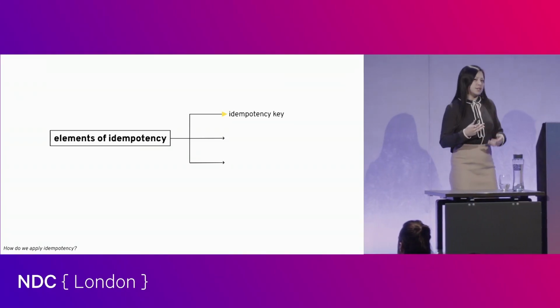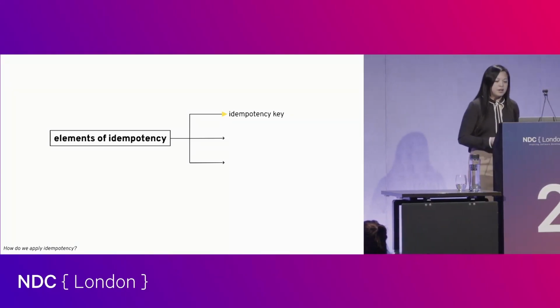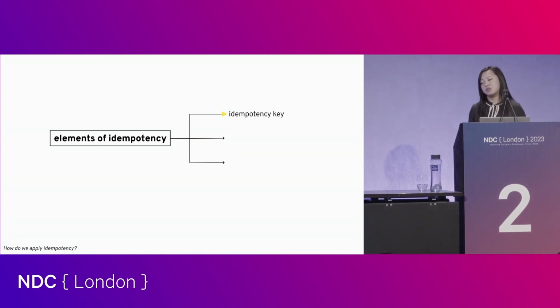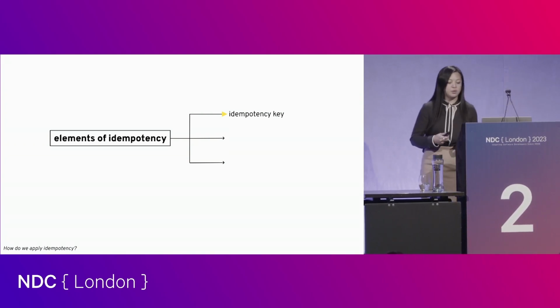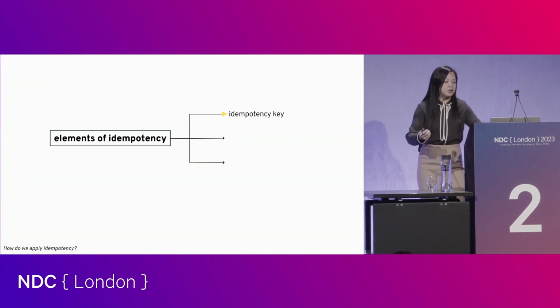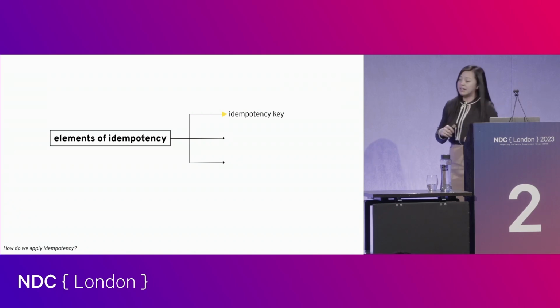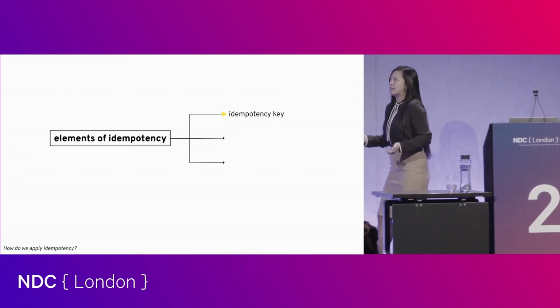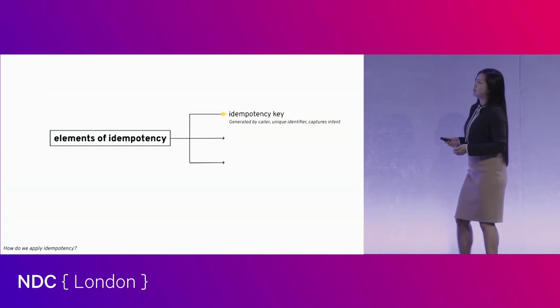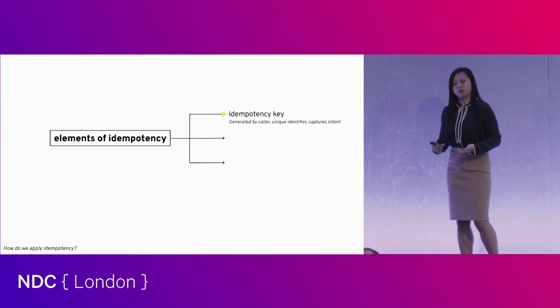This is usually some sort of unique identifier. This is something that captures the intent, and it's derived from the caller. So this could be a hash of parameters, it could be an ID, it could be an event ID, a client token. It's a UUID. But it's a way for us to know what these different requests are, to distinguish them between each other.